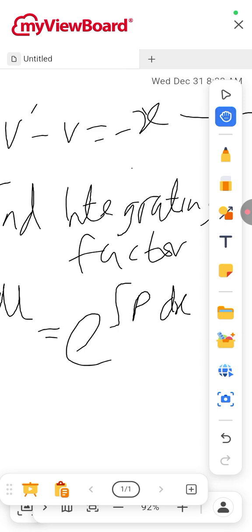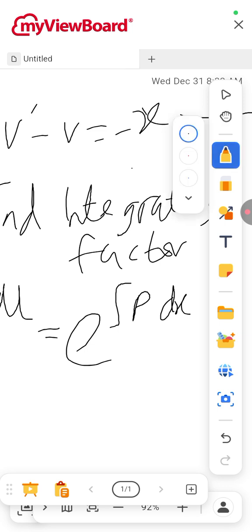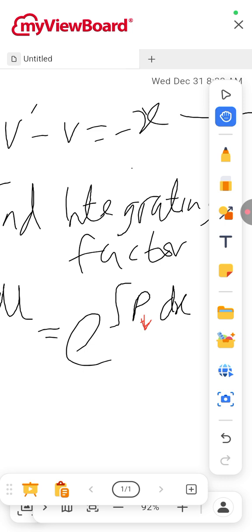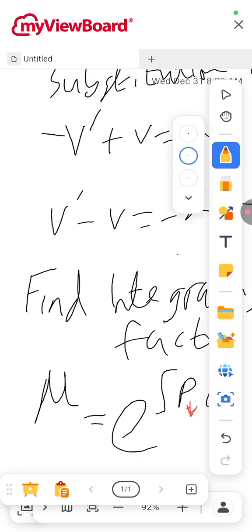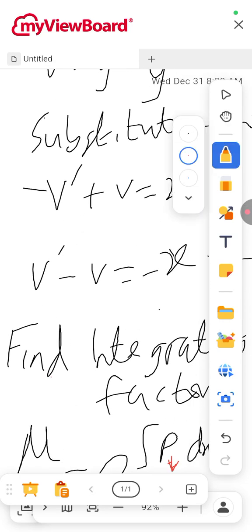But this p now is the p when the equation is in v. So that's why I like putting subscript v there. Yes, subscript v. So the p here now is not the p in the original equation. The p that I will use now is the p in this place here, the one that I starred 2 times.